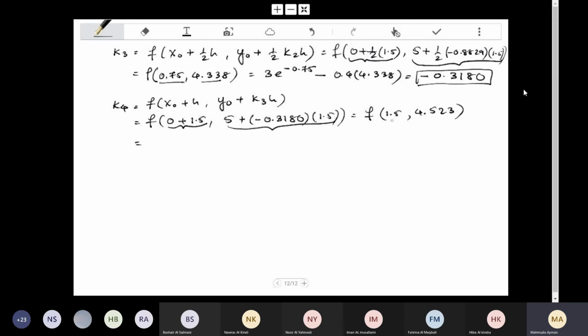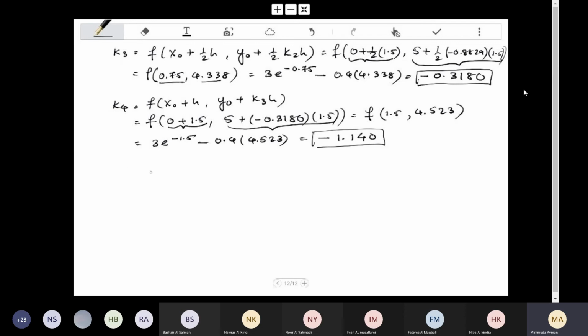So at x value 1.5 and y value 4.523, if you put it in our f of x y, you will get 3e to the power minus x, minus 0.4 times y, that's 4.523, and that gives us the value minus 1.140 here.